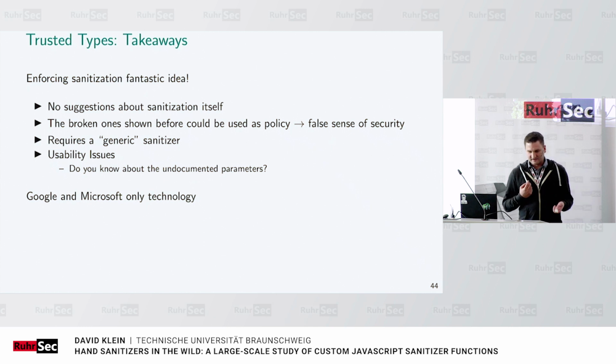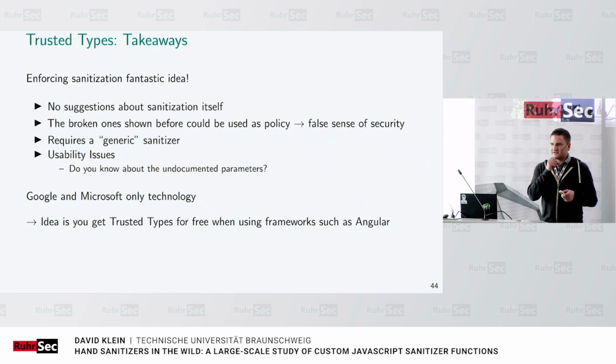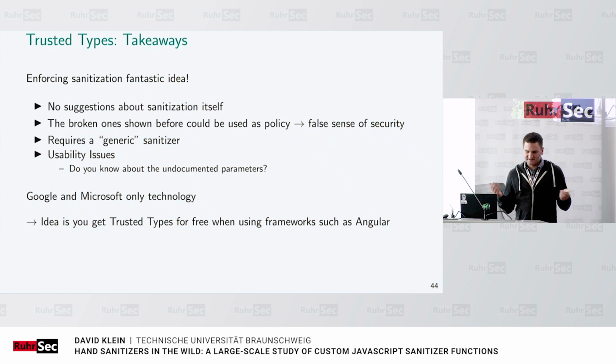And yeah, as I said, it's only Google and Microsoft at the moment. And what I really like about their approach is the basic idea. They say, yeah, we won't fix the web as is, but they're currently paying people to basically fix up frameworks like Angular and React, because the assumption is most new modern websites are written with such a framework.